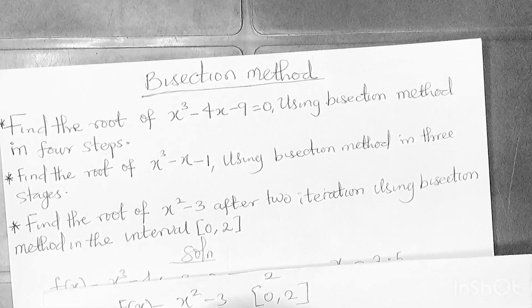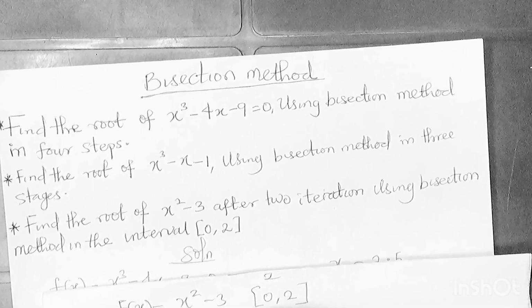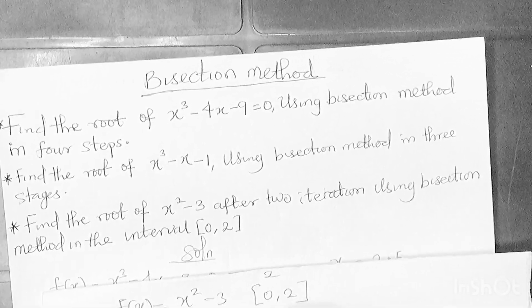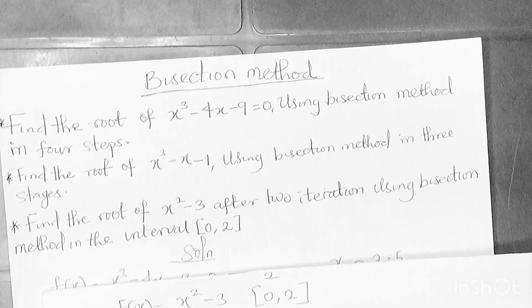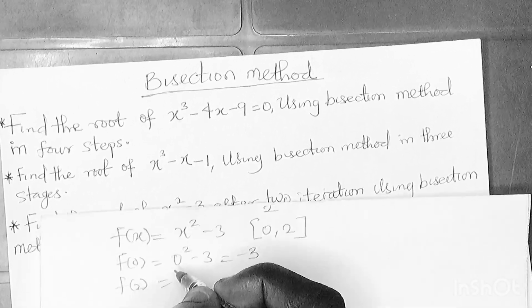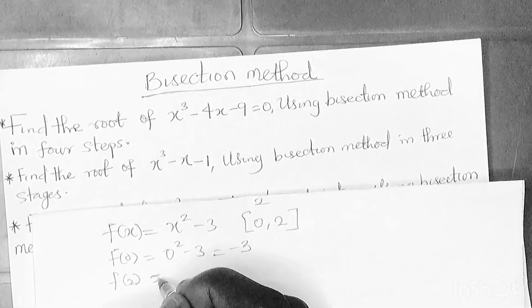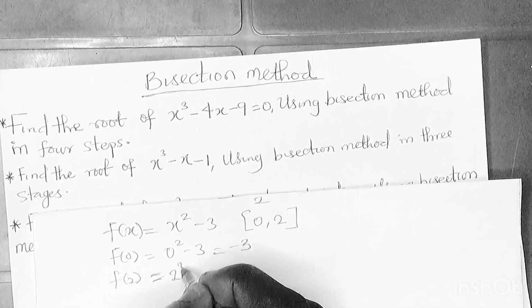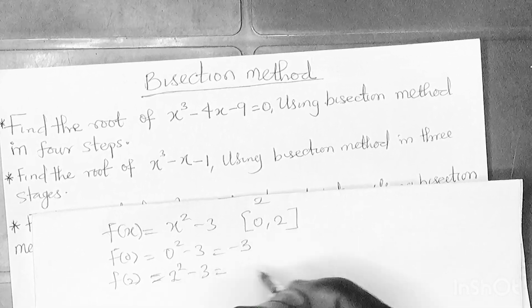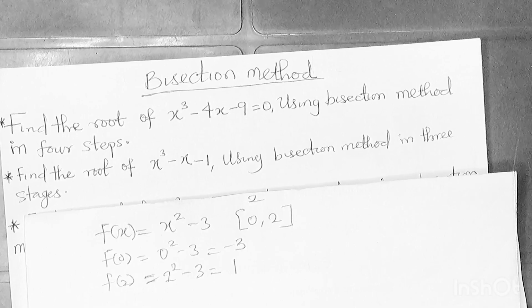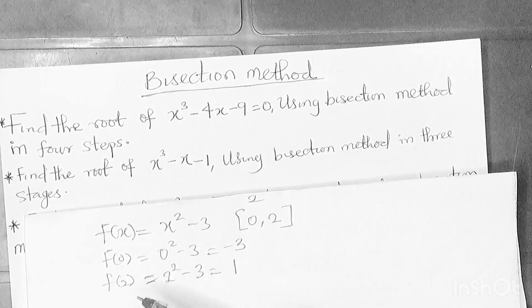F of 0 will be 0 raised to power 2 minus 3, which will give you negative 3. And then do f of 2, because that's the interval they gave you. F of 2 is 2 raised to power 2 minus 3, which will give you 1. All right, so you can see it.